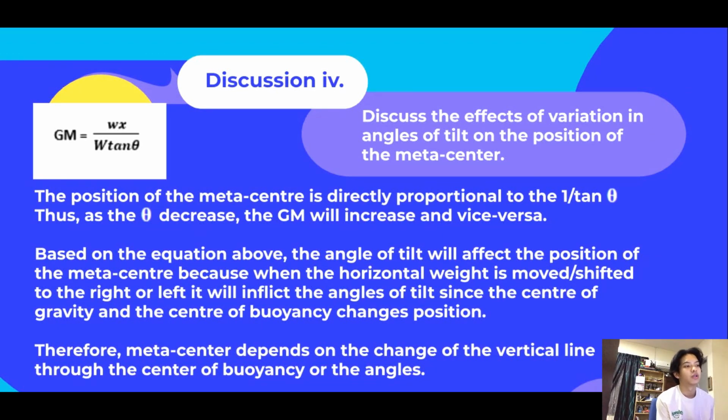So based on the question above, the angle of tilt will affect the position of the metacenter because when the horizontal weight is shifted either to the right or to the left, it will inflict the angle of tilt since the center of gravity and the center of buoyancy change position. Therefore, the metacenter depends on the change of the vertical line through the center of buoyancy or the angle.